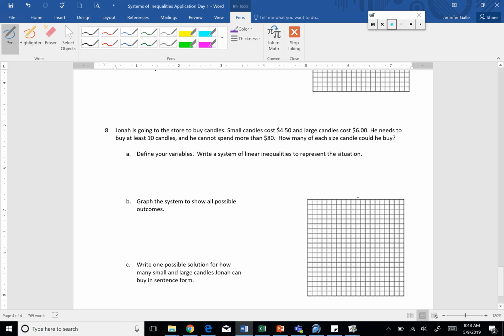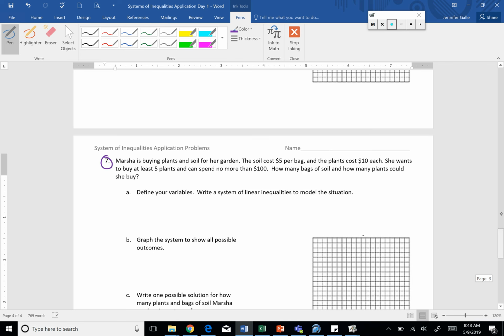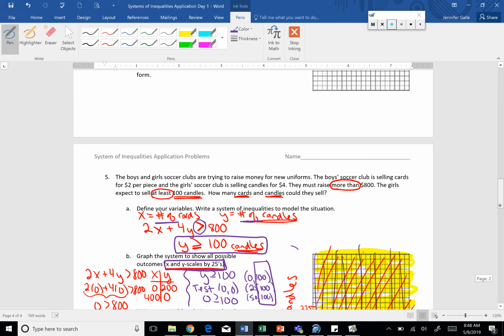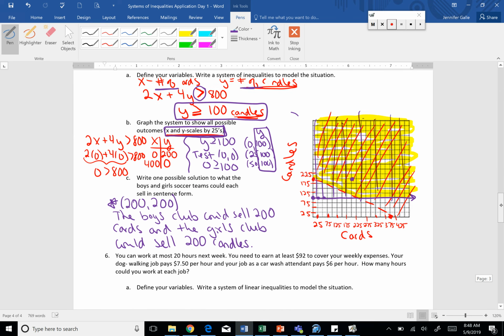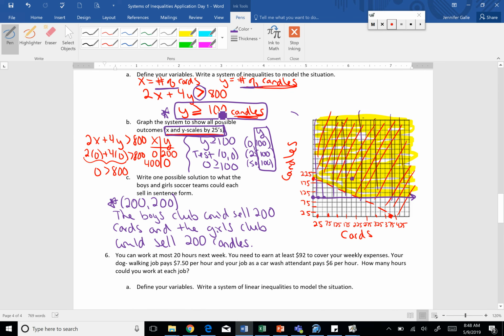Okay, so what I mean by being like number 5, they're going to have an inequality like this second one where there's just one variable involved. It might not be Y. So the ones that I had you highlight, those questions are all similar to number 5 because one of the inequalities will only involve one of the variables. It might not always be the Y. You have to pay attention to what your variables are representing.